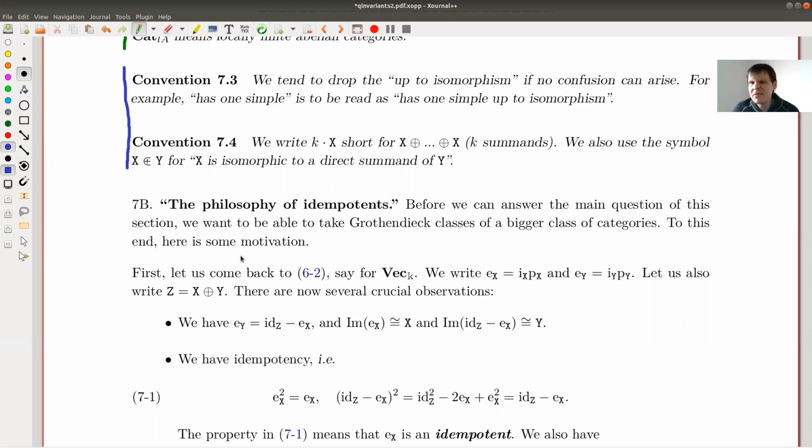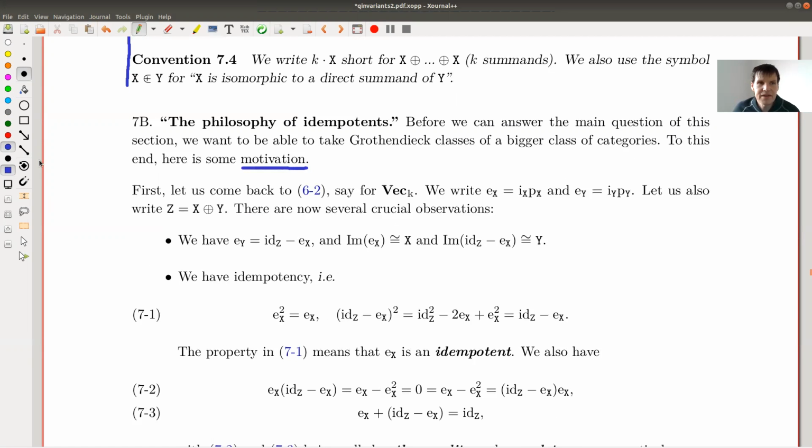Same for abelian. Abelian wasn't all that nice. Additive and k-linear was pretty good. And there's something in between, but I'm going to explain that right now. But let me start with some motivation. I said again, I want something in between additive and abelian, basically.